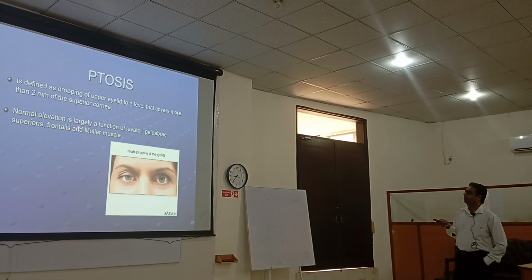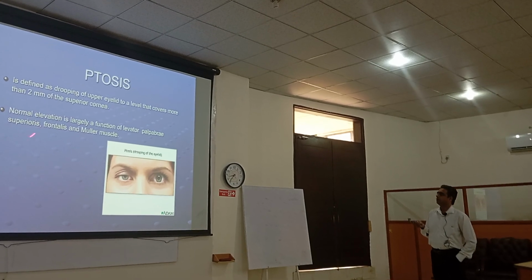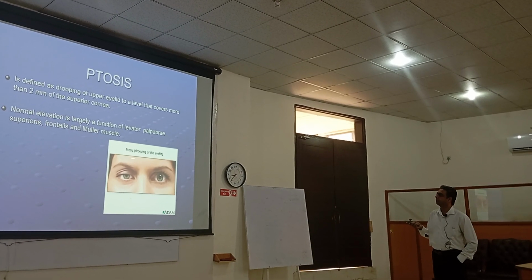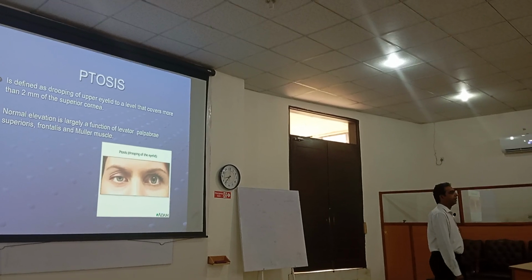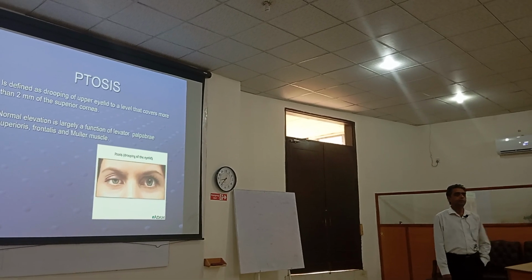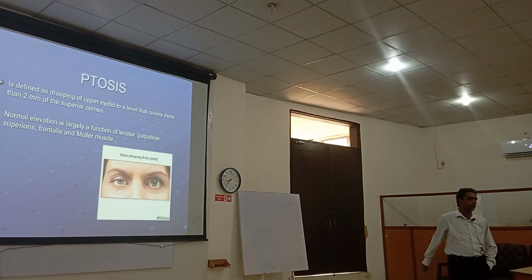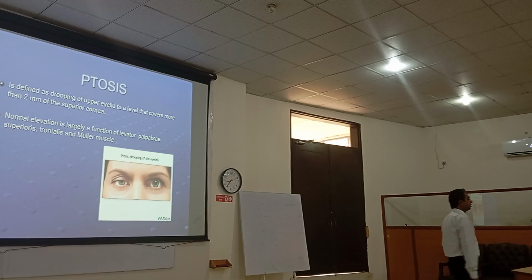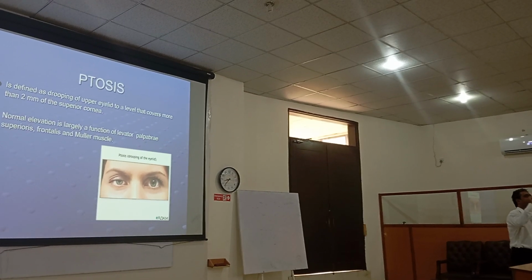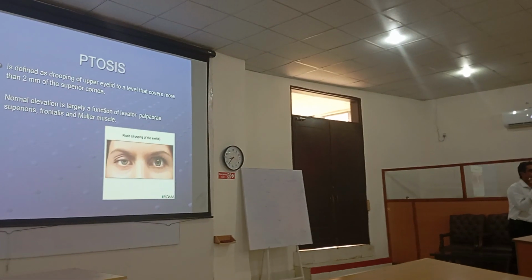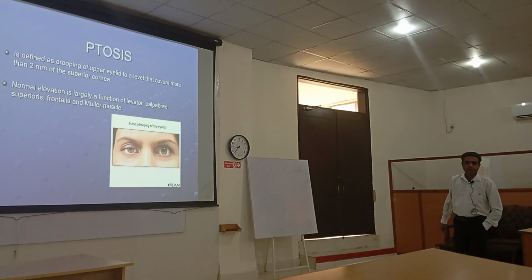Normal elevation is largely a function of the levator palpebrae superioris, the frontalis muscle, which is in the forehead, and Müller's muscle, which is in the eye. In the last lecture, while discussing ectropion and entropion, we discussed the two muscles in the eye where we all get confused. One is orbicularis oculi, which is supplied by the facial nerve, the seventh nerve.